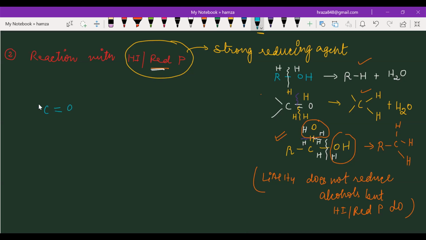C double bond O, H, and then OH. Wait a minute, please.